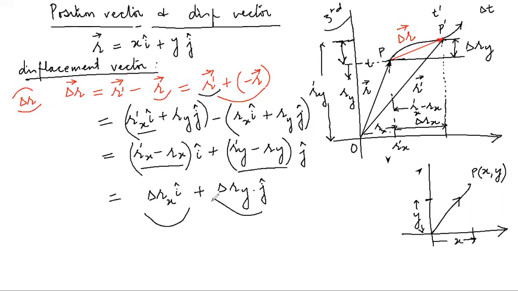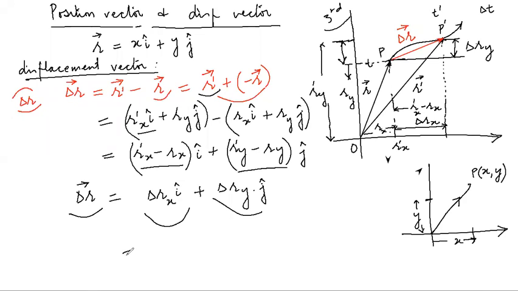Now some students sometimes end up asking, why is there not a minus sign here? It cannot be, because delta r, like every vector, is destined to be resolved into its x and y components, and they have to be together. That's why delta r is equal to delta rx i cap plus delta ry j cap.